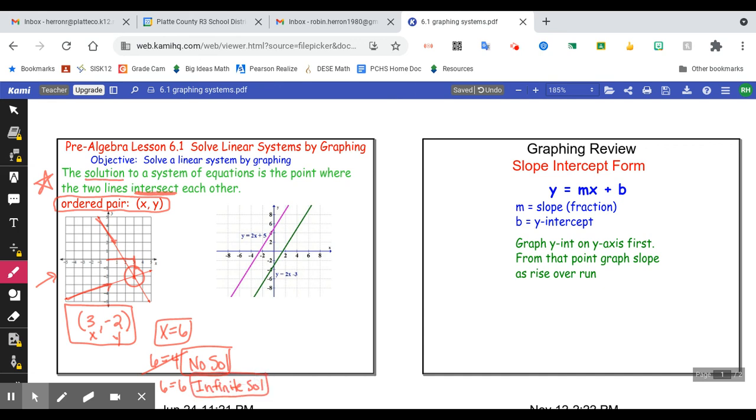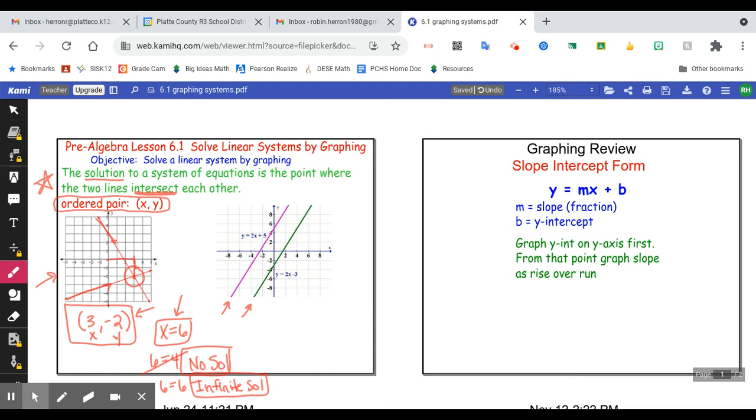Well, the same thing is going to happen when you do systems of equations. You're either going to have an exact answer, like this guy over here, where it has a point. It's not going to have an answer at all, or it's going to have infinitely many answers. So up here is a picture of 2 parallel lines. Parallel lines, like we learned in the last unit, are 2 lines that never intersect.